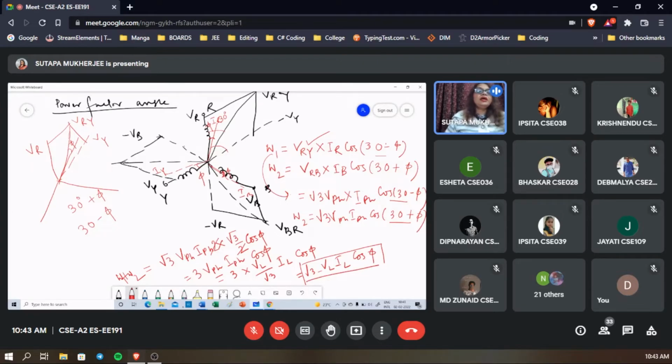And already I have seen that 3 into V phase, I phase, cos phi in case of 3-phase power will give root 3 VL IL cos phi. So these are the same. Okay. So these are the theory portion.